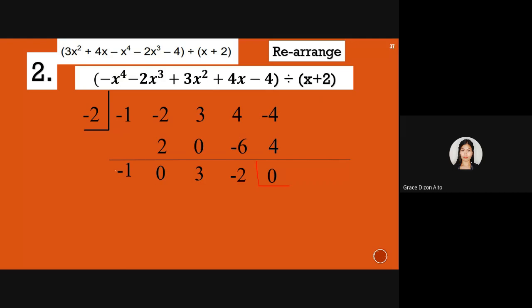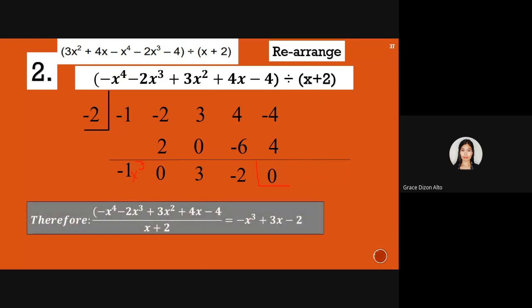So we have here -1, so this will be bearing x cubed. And then we will be skipping x squared since the numerical coefficient is 0. So the quotient will be negative x cubed plus 3x minus 2.